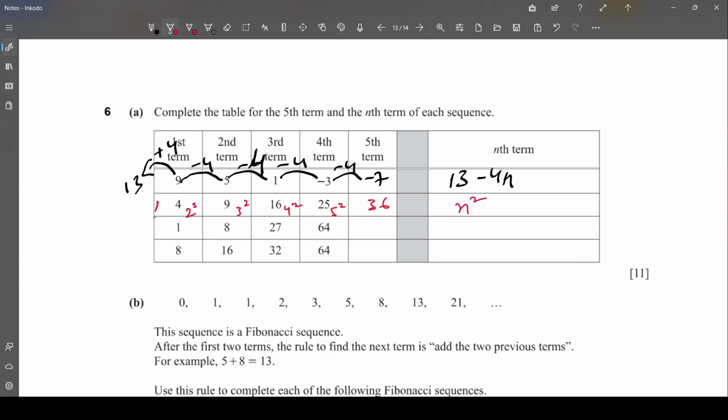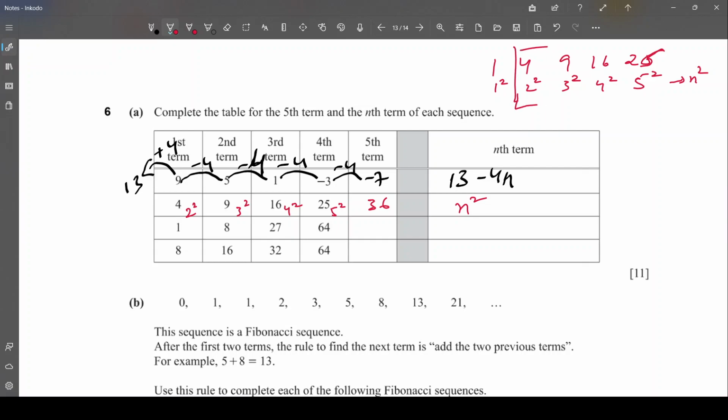If the first term is 1 and the second term is 4, then it will be n square. For example, if I'm writing 1, 4, 9, 16, 25 like that, from the beginning it is following, right? 1 square is 1, 2 square is 4, 3 square is 9, 4 square is 16, 5 square is 25, so I will write it as n square. But in this case it is not like that.